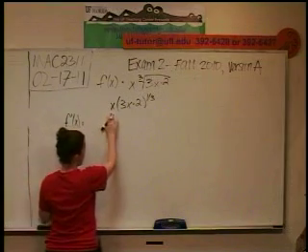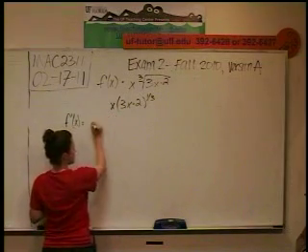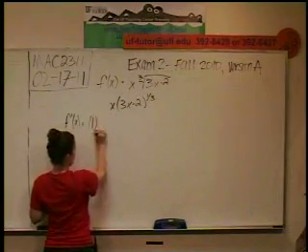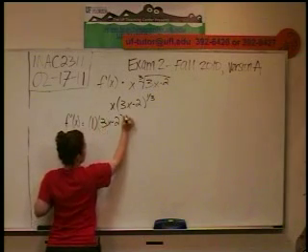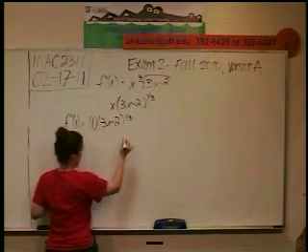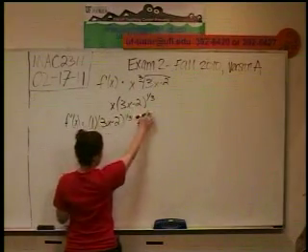So I do the derivative of the first, which is just going to be 1, times my second, (3x minus 2) to the 1/3, plus the derivative of my second.